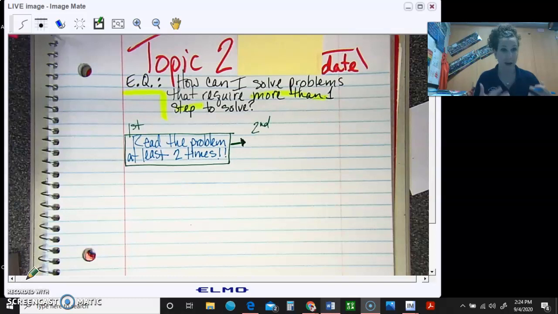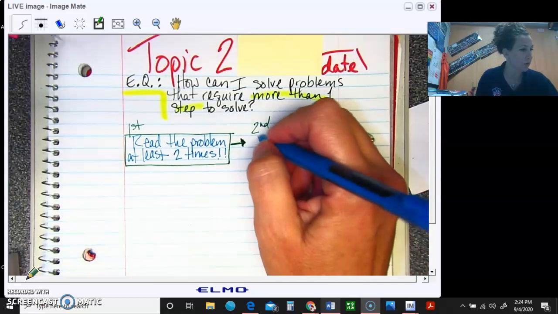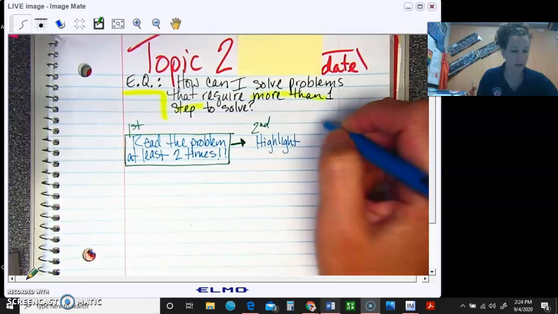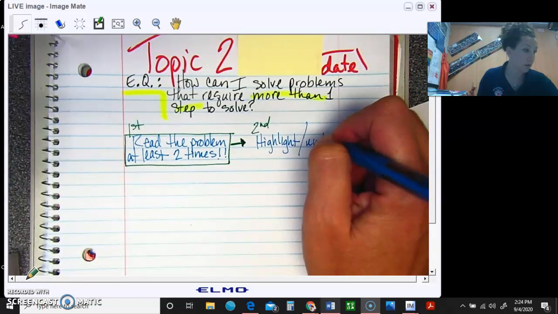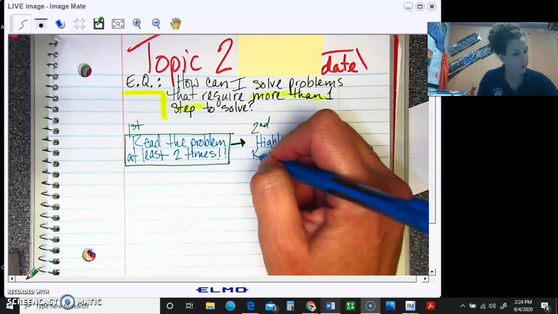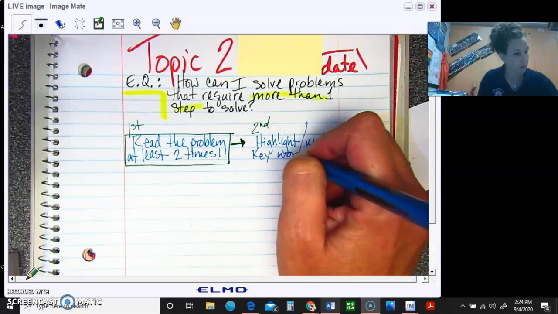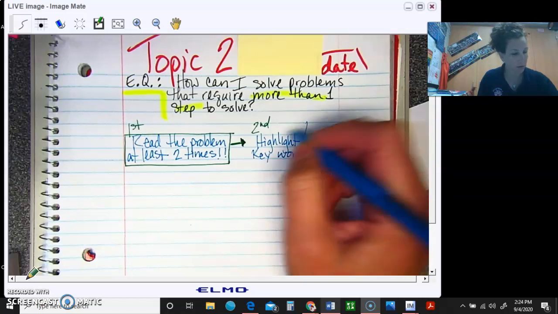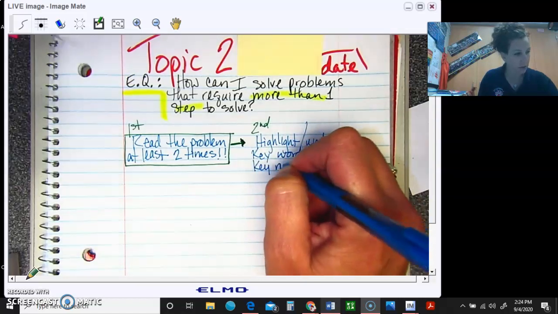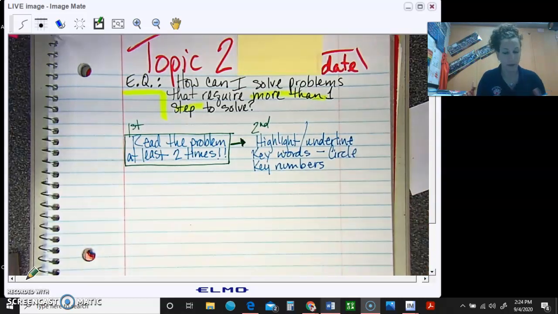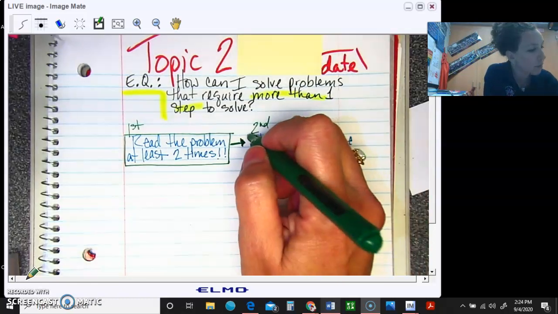So they stand out for you, okay? Highlight or underline key words. Circle key numbers. Okay, so I'm going to box that up for our second spot on our flow map.